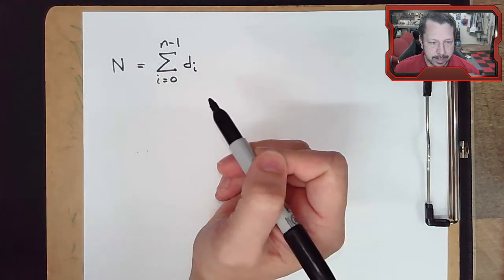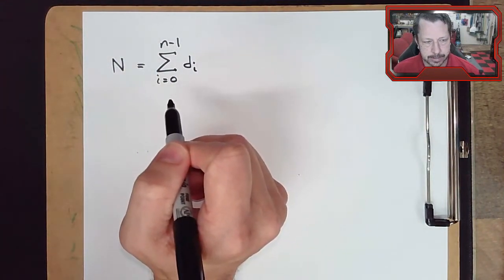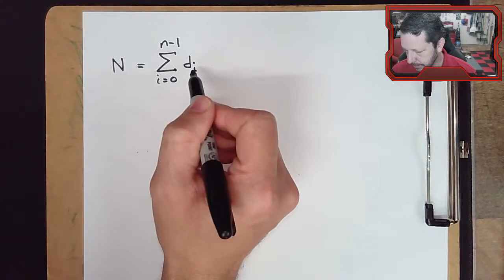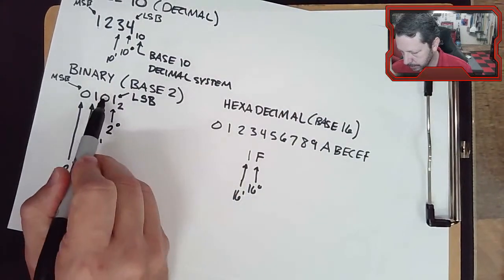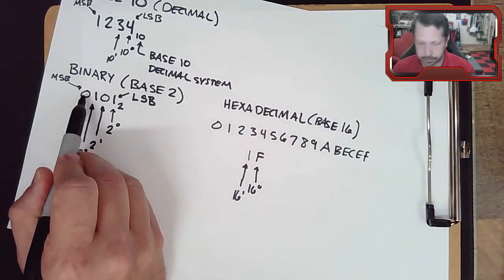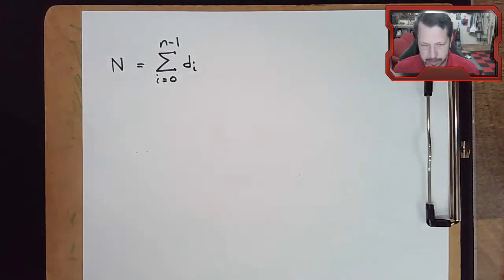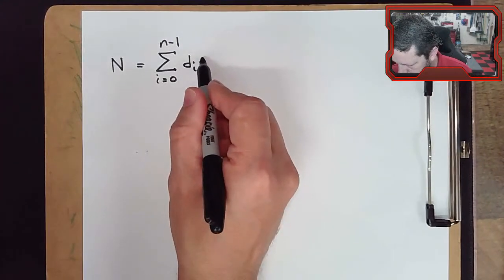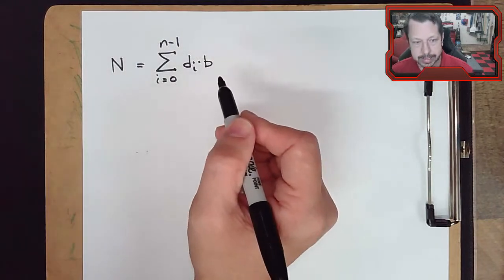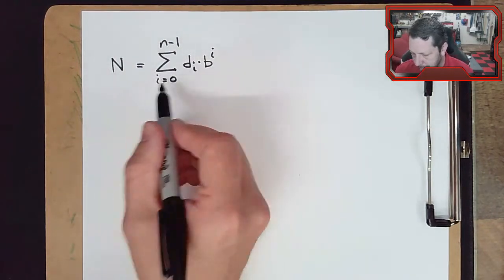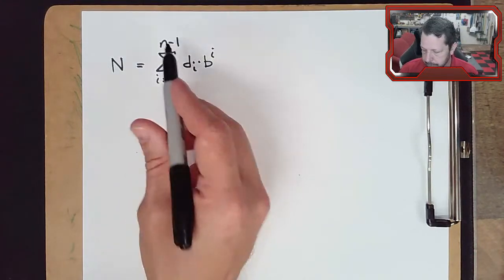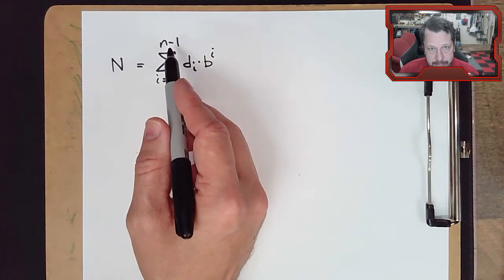D sub i, I'll write these down in a second so that we can remember what all these different things represent. D sub i is the digit, so this digit or this digit or whichever one. And then times b, again, that's the base, raised to the i power. So i is the index. It's going to go from 0 to however many digits you have minus 1.